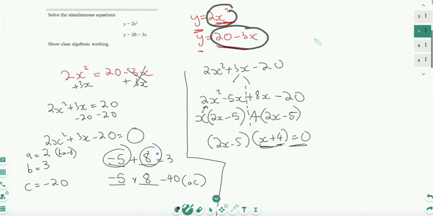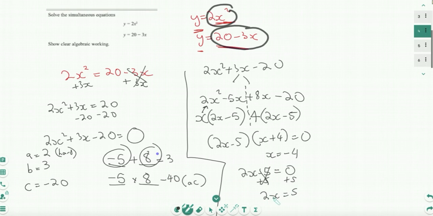Something plus 4 equals 0. Well, x must be negative 4. Negative 4 plus 4 is 0. So that's our first value for x. Pretty easy. Our second value for x, 2x minus 5 equals 0. That's going to be a bit harder. So x is being multiplied by 2, then subtracted by 5. So we're going to add 5 on both sides. So 2x is equal to 5.